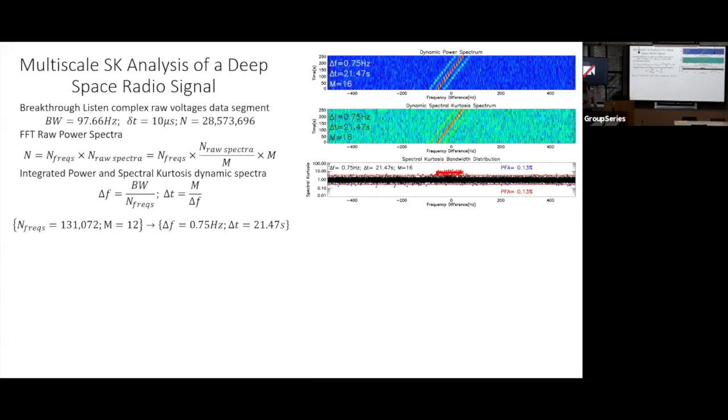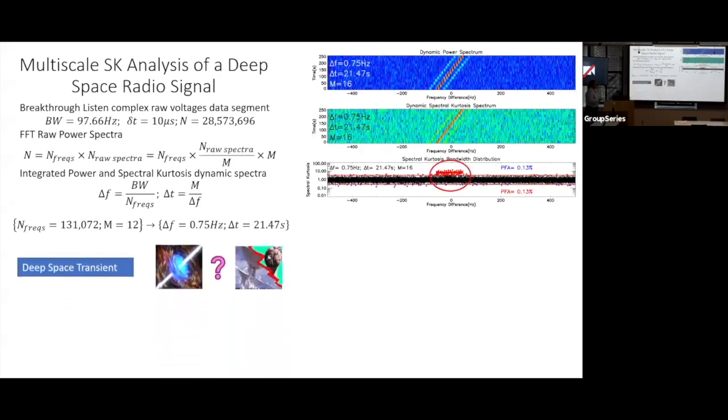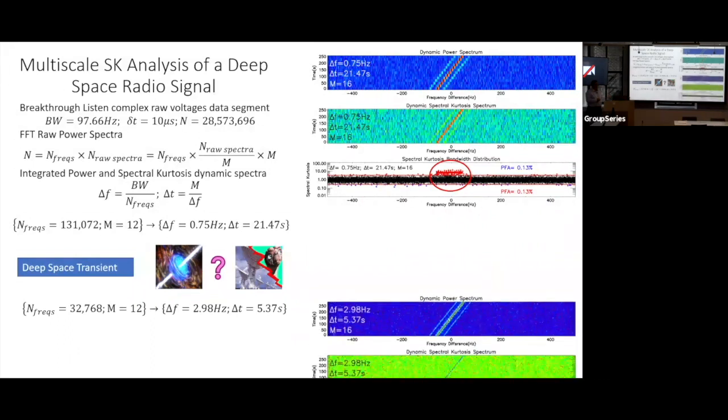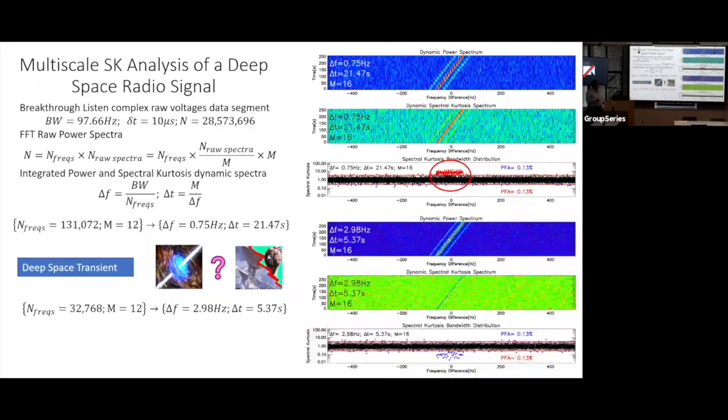Remember from my previous plot. Is this a natural or an artificial signal coming from deep space? And to solve this problem, you have to play with the integration time. And when you do find the right integration time, you end up with clear spectral kurtosis below unity.